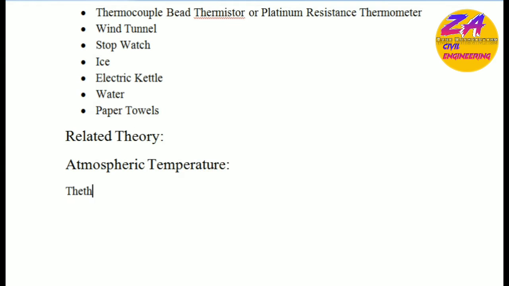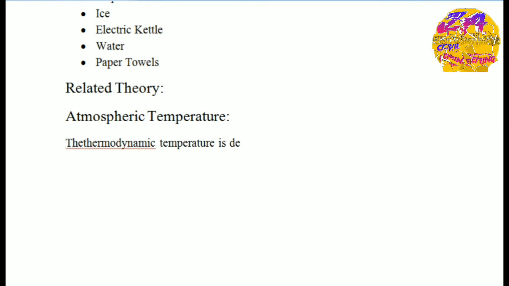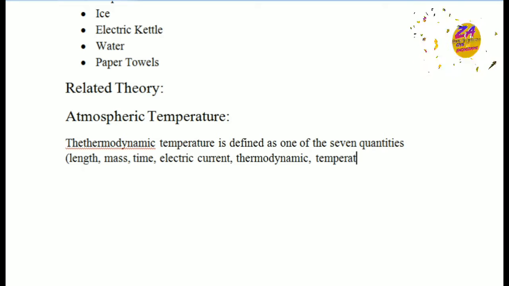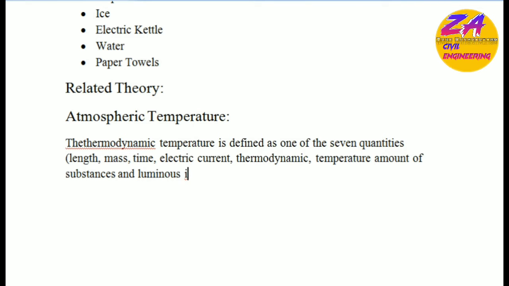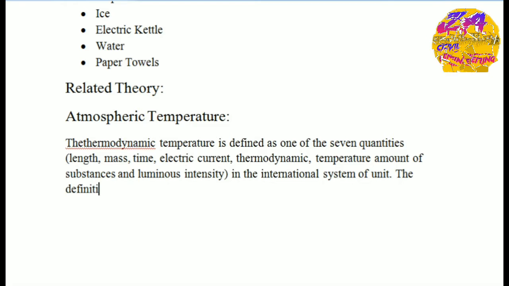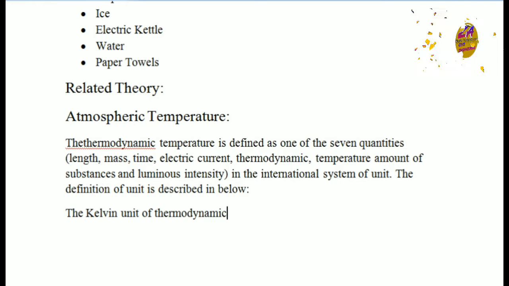After this, related theory. Atmospheric temperature. What is atmospheric temperature? Thermodynamic temperature is defined as one of the 7 quantities: length, mass, time, electric current, thermodynamic temperature, amount of substance and luminous intensity in the international system of units. The definition of the unit is described below.